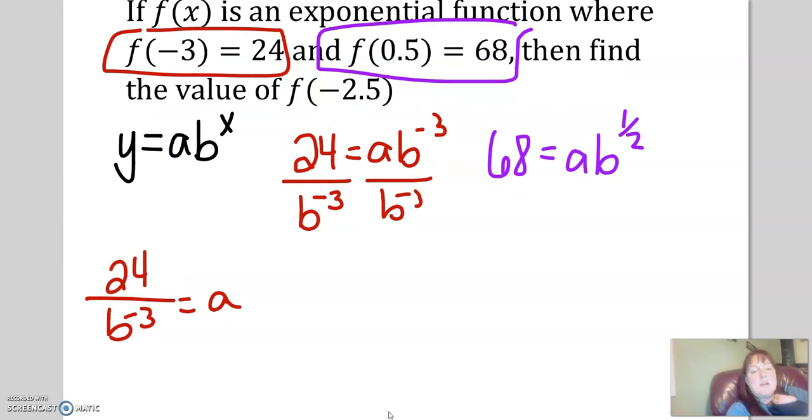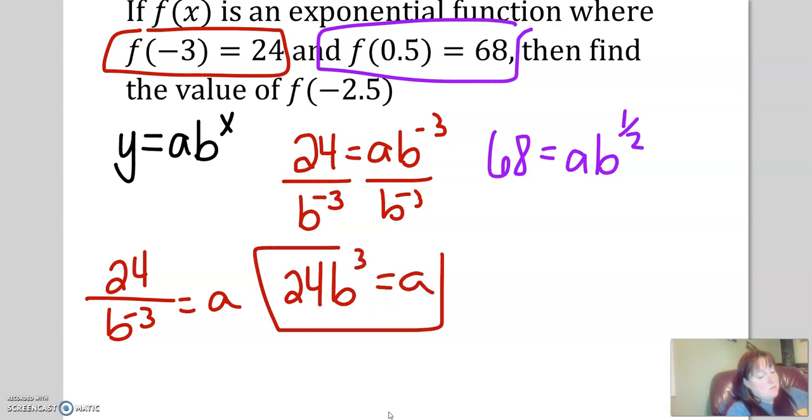Remember, negative usually means you put it in the denominator. Well, it's already in the denominator, and there's this little mnemonic I say sometimes: cross the line, change the sign. So if I bring it up to the numerator, it becomes a positive exponent. So that's 24b cubed equals a. Okay, so we're going to remember that a equals 24b cubed, and we can put it in here for a.